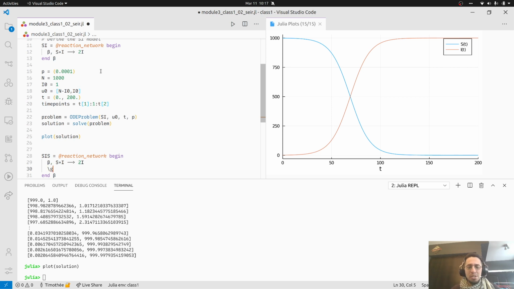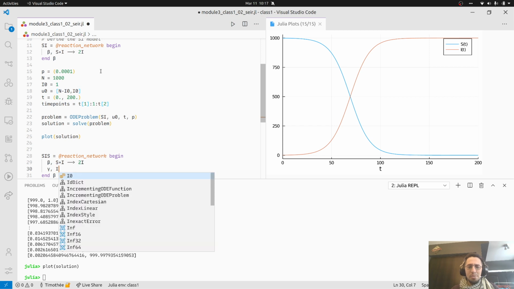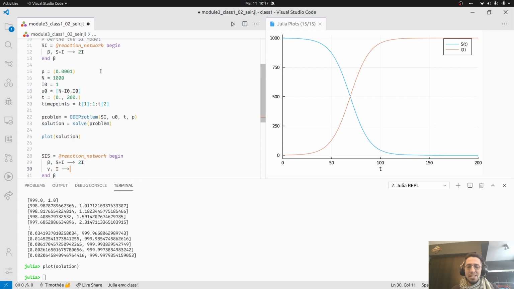We need a rate, which we are going to call gamma. Yeah, gamma is fine for now. And what gamma will require is a single infectious individual, and it will transform it back into a single susceptible individual.